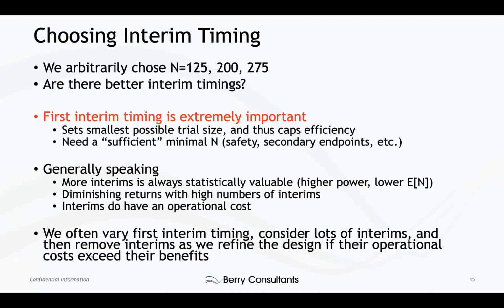If you have a way to compute the net present value of a trial, valuing time and your patent life and everything else that goes into it, you can make this calculation in a lot of detail and really try to optimize your design. There are packages out there. There are some freeware that will kind of do this.